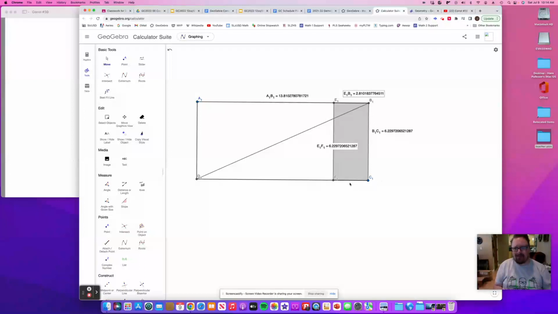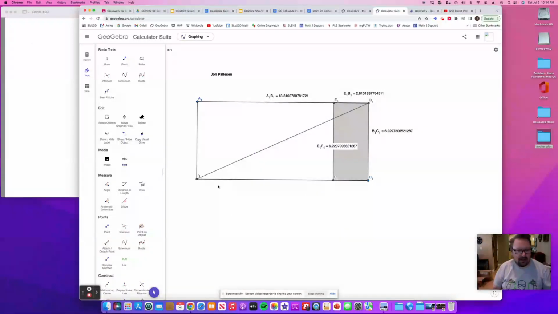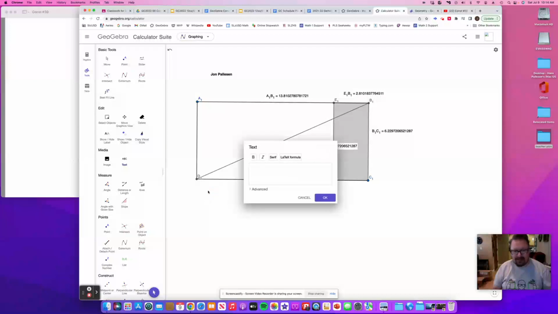So we have completed this, but let's finish up our text. So I'll first sign it, and then make our measurements.